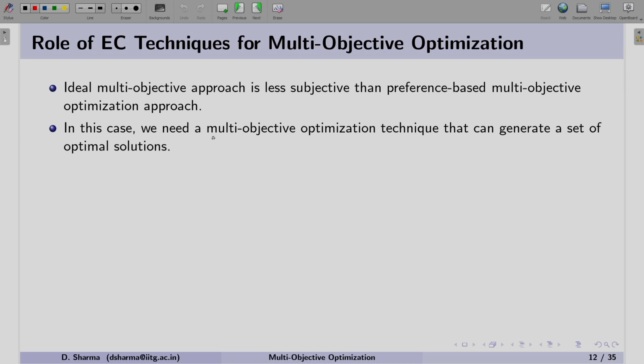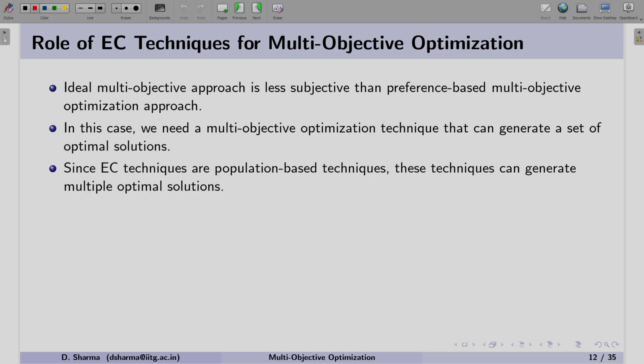In this case, we need a multi-objective optimization technique that can generate a set of optimal solutions. Once this set is available, we can always do decision making.